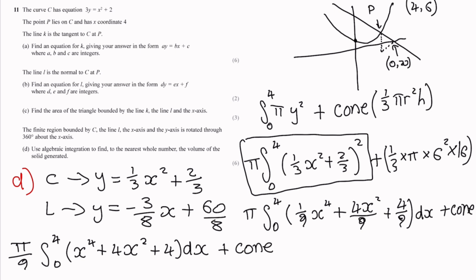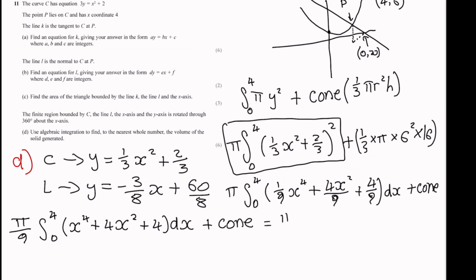So that is going to be equal to pi over 9, integrating our function, we get x to the power 5 over 5 plus 4x cubed over 3 plus 4x between 4 and 0 plus the cone.